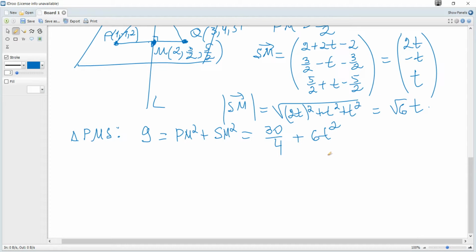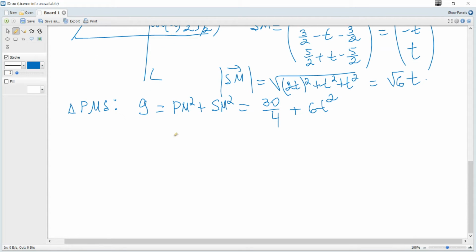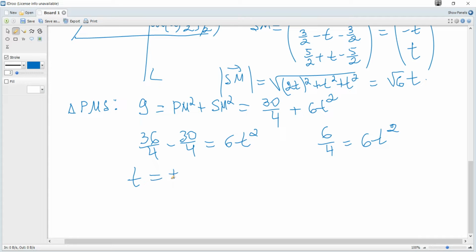It's quadratic, so 9 is 36 over 4 minus 30 over 4 is 6t squared, and 6 over 4 is 6t squared, hence t is plus minus a half.